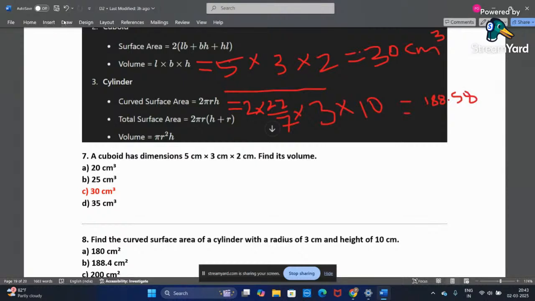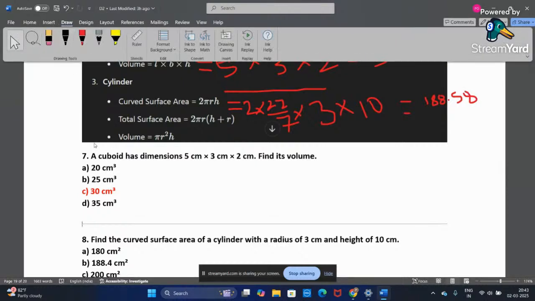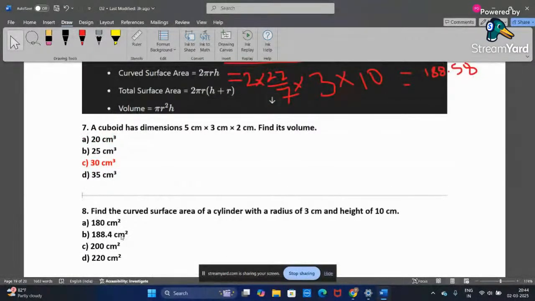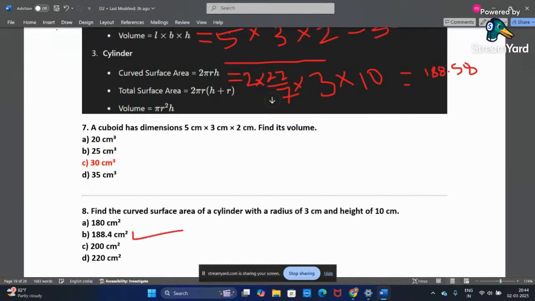So what will be the answer in the given option? Which is the near one? Because we are getting in decimal, right? So this is the near one. So this will be the answer. Okay, we'll move on to the next one.